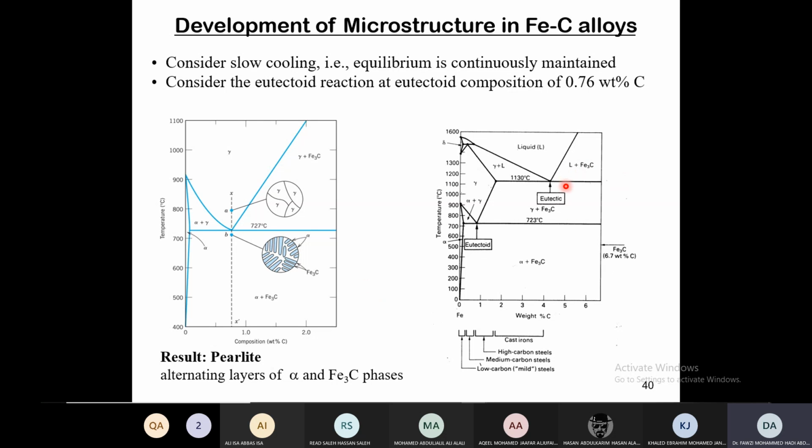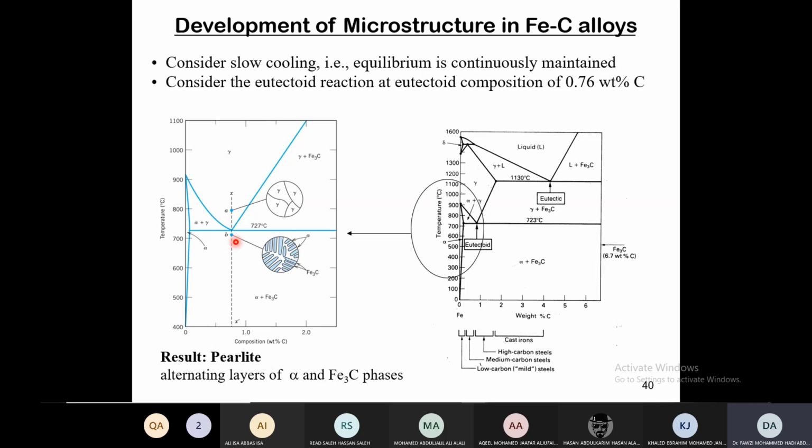We are not concerned with the eutectic that much, because we already dealt with that. That is the eutectic point, and we know what happens going from here to there, and so on. So we are more concerned in the iron-carbon steel with this area here. We are making it larger, zooming in to see the area better.